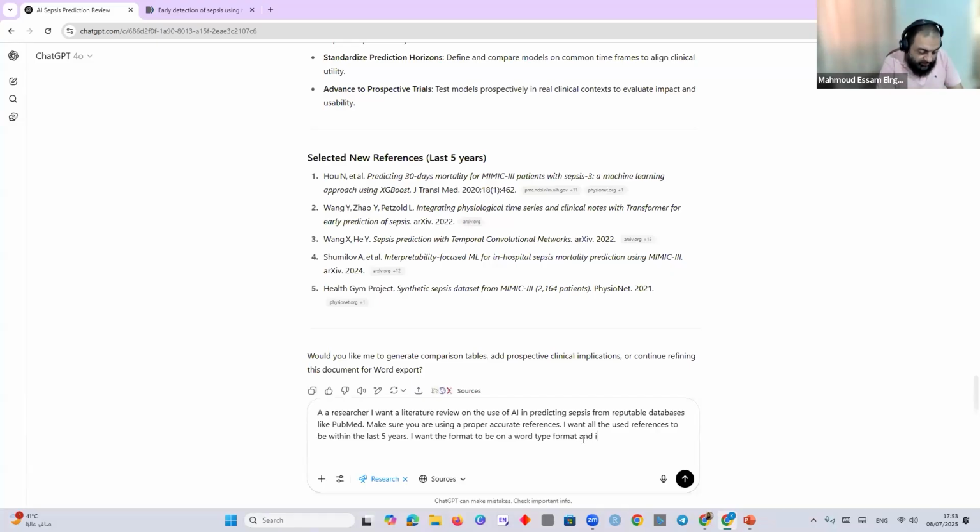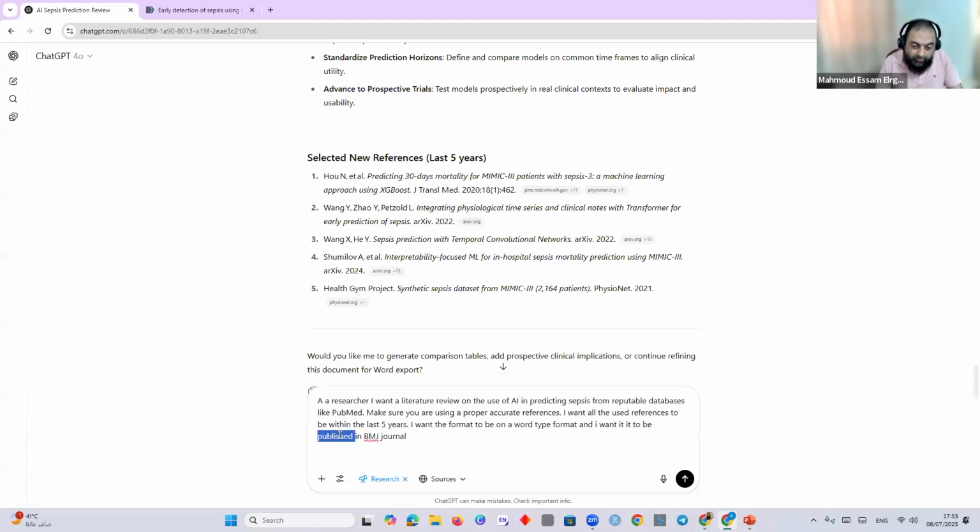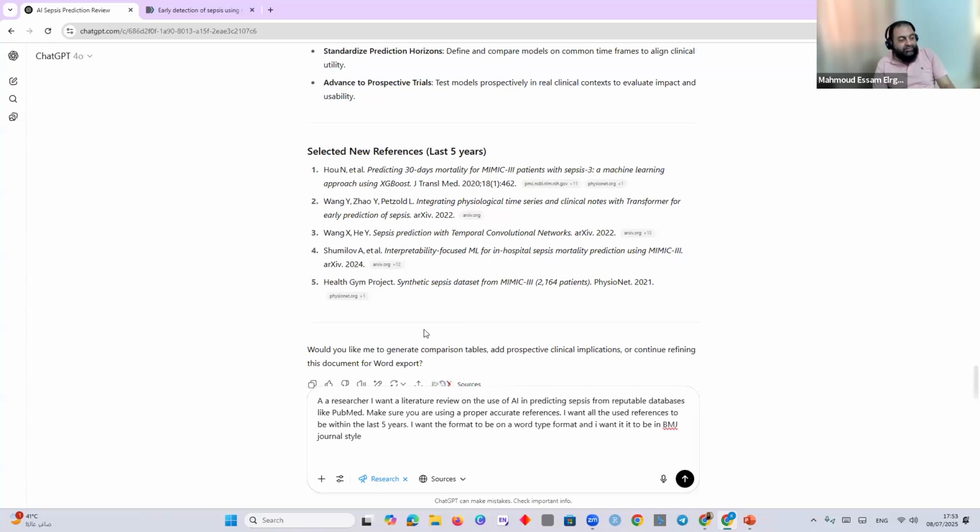And let's say I want it to be published in BMJ journal, or I want it to be in BMJ journal style, British Medical Journal style. Okay, so now we have used the deep search for the same prompt, in another base so it doesn't get confused.